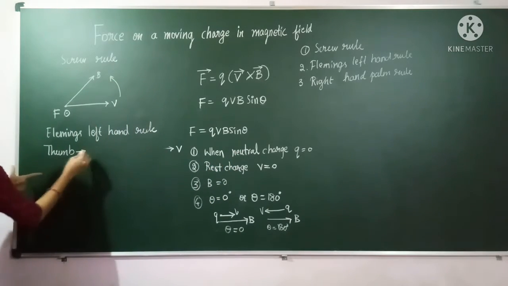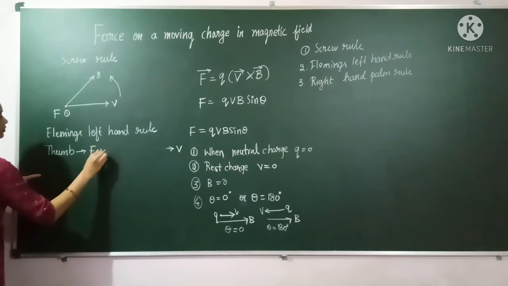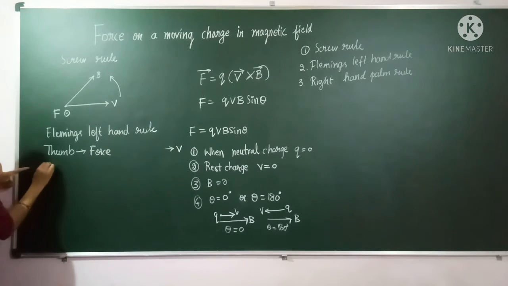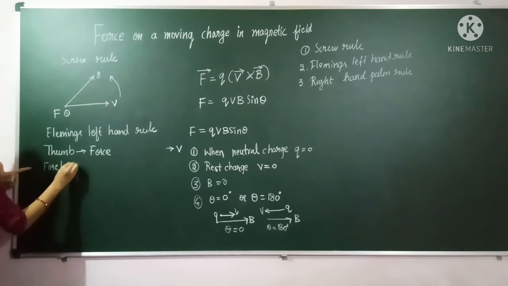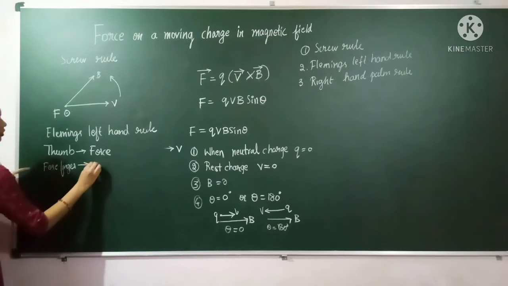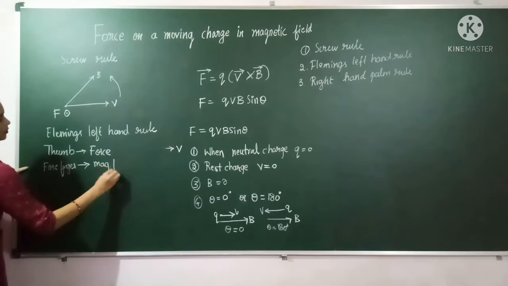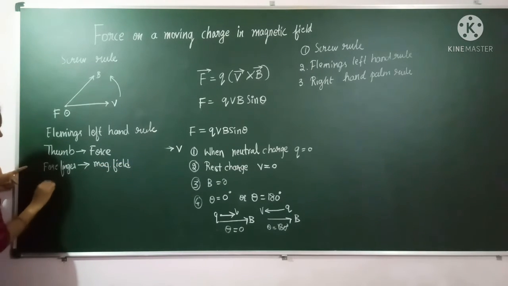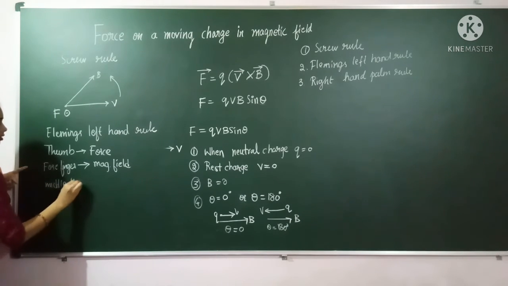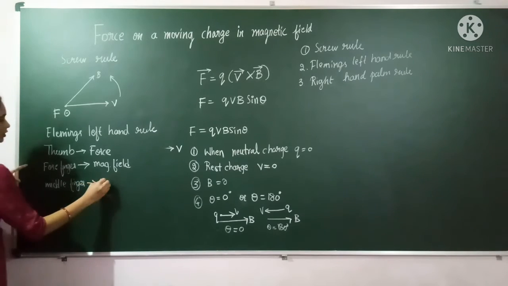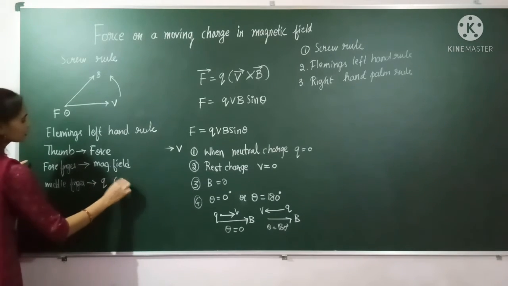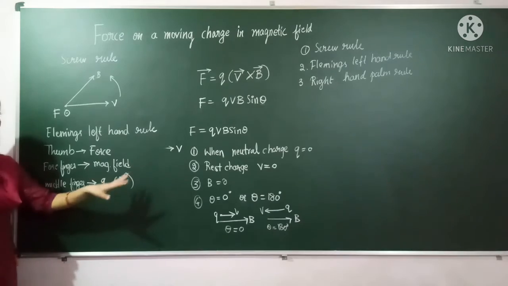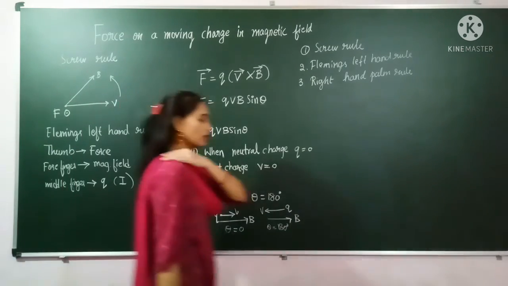The thumb shows the direction of force, the forefinger shows the direction of the magnetic field, and the middle finger shows the direction of the charge, or else you can take it as the current. So next I will give you an example.